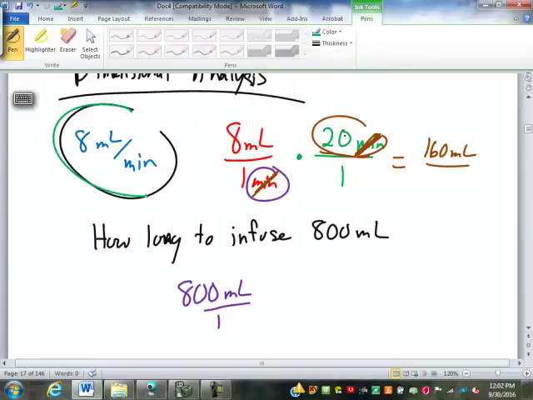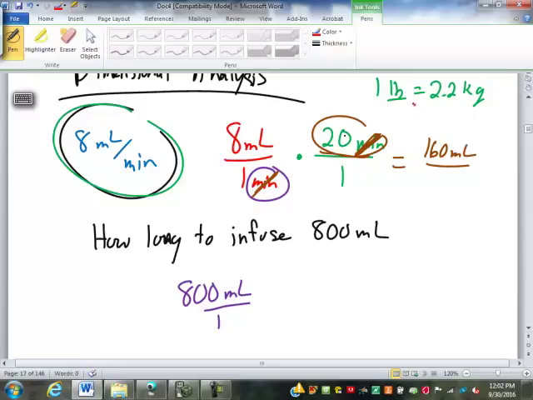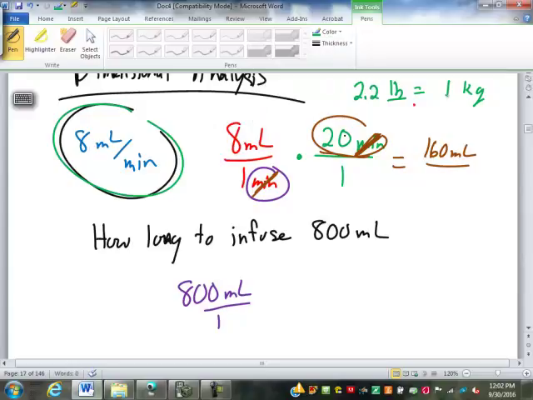This 8 milliliters per minute, that rate can actually be thought of as an equivalency, just like our conversion factors. 1 pound equals 2.2 kilograms. Sorry, that's backwards: 2.2 pounds equals 1 kilogram.